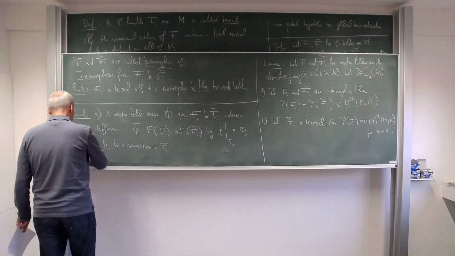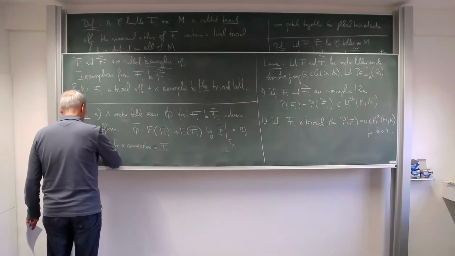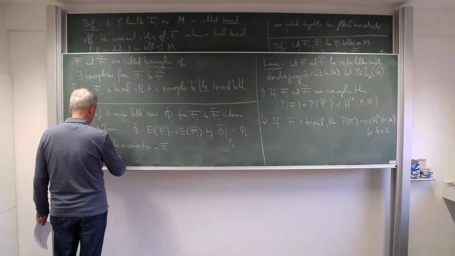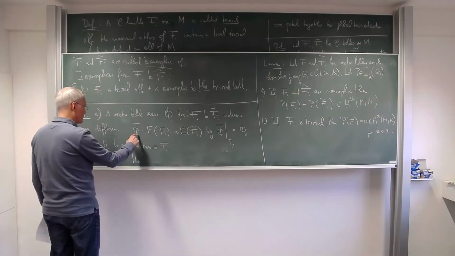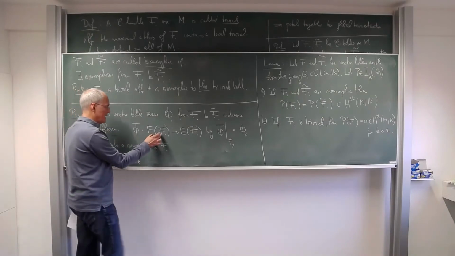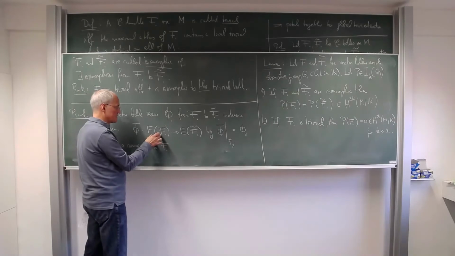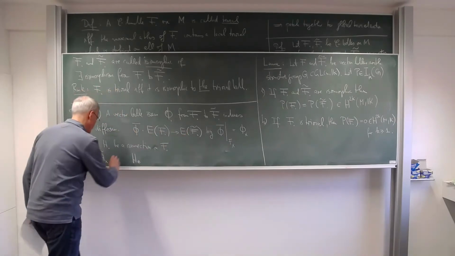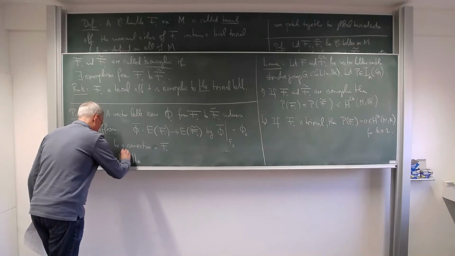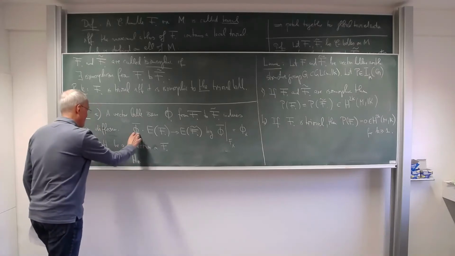I define H tilde at x to be, you just transport this H, which is a tangent subspace to this total space, to that total space, via this diffeomorphism. So you apply the differential to it.